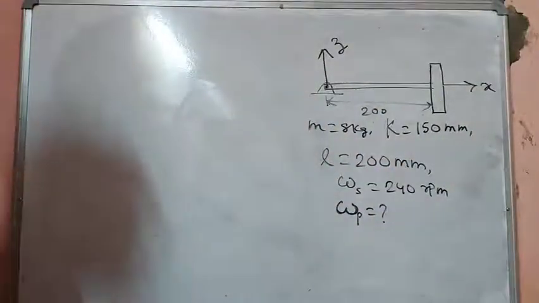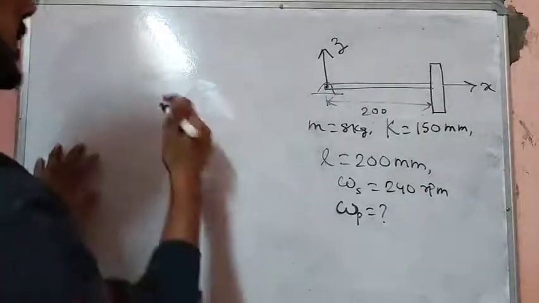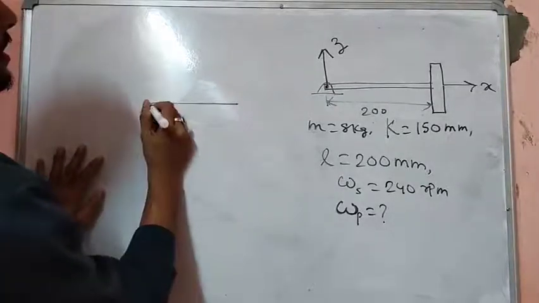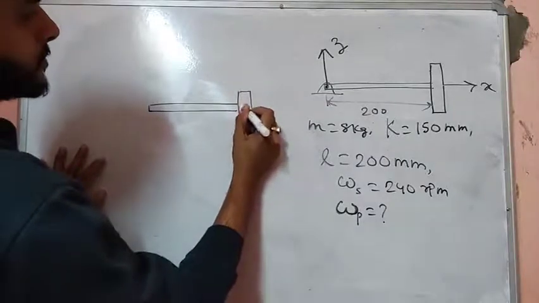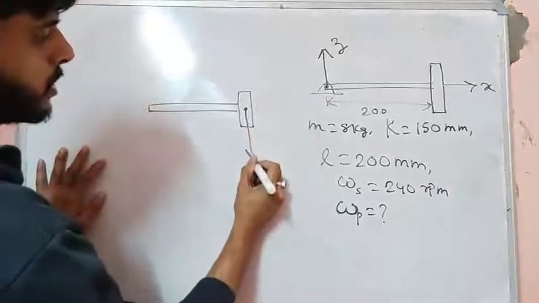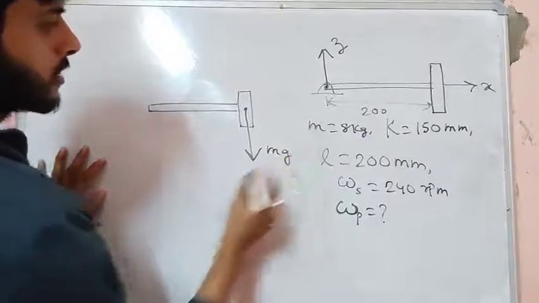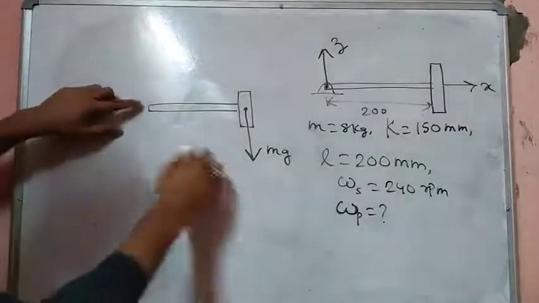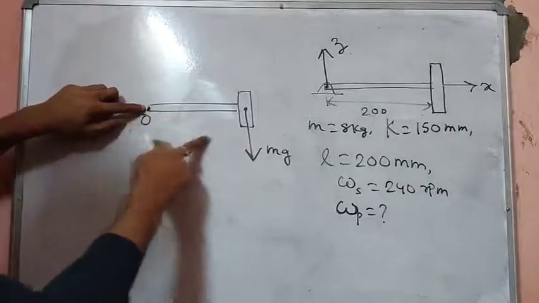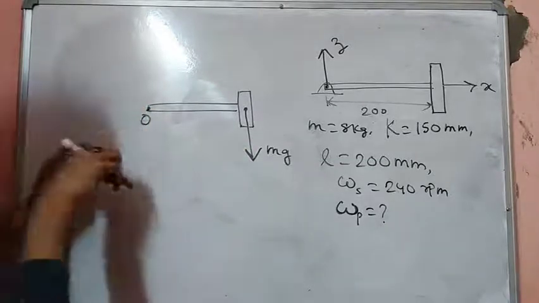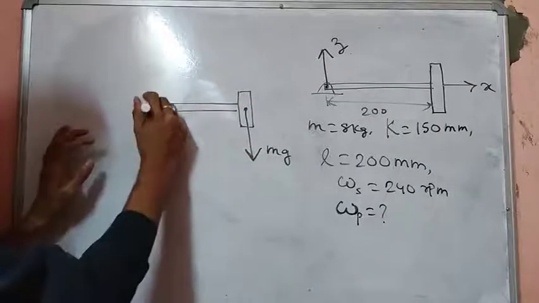If we draw the free body diagram of this system, this is the rod and this is the disc. The weight of the disc acts vertically downward. This mg will create a moment about this point O. So mg times L is the net external moment, which is r cross F, in the clockwise direction.